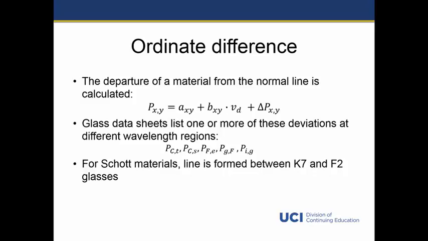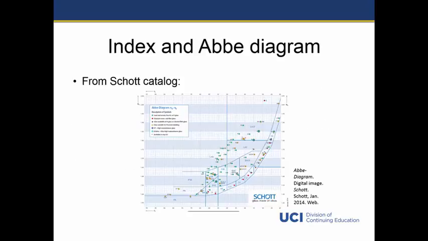What we see here in this direction is the index of refraction at the D wavelength. And here is the Abbe number. And we see over here we have our flint materials. Anything with an F is a flint material. And you'll notice at about 50 we have a sort of demarcation line.